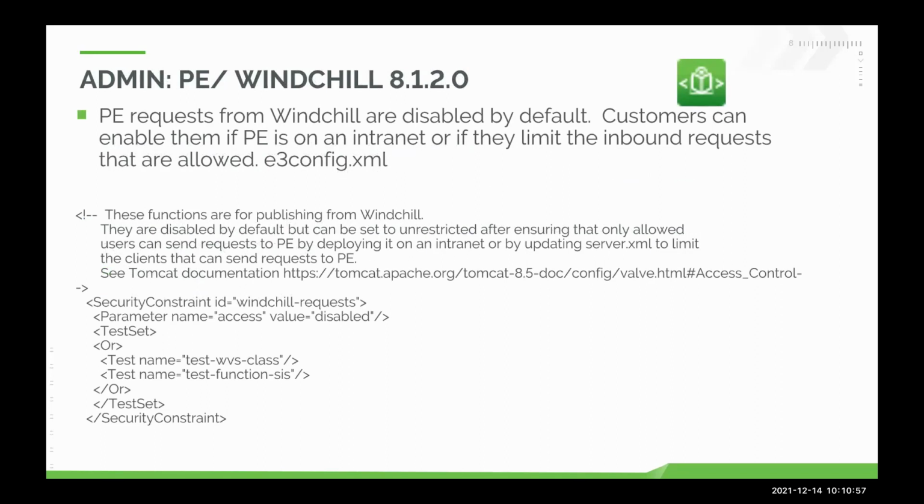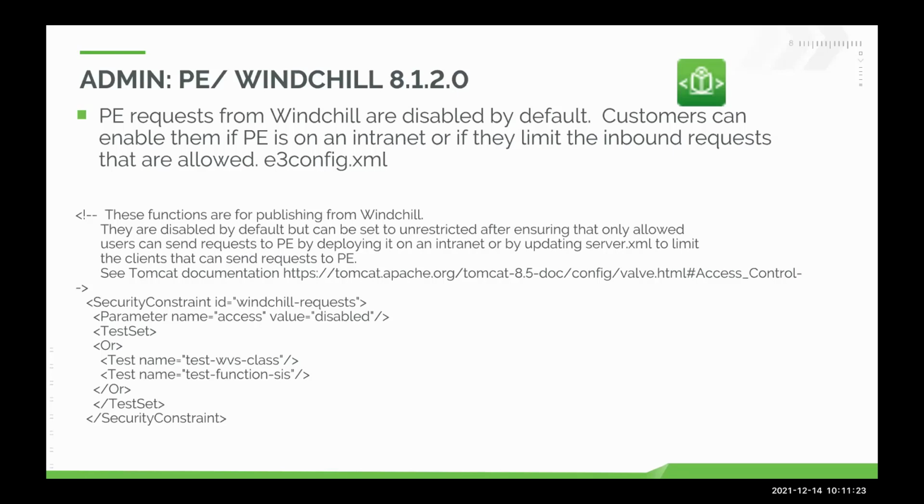One other change that we've made with regards to setup is that in your configuration file, your e3 config.xml file, and of course, that's also the file where you set up and configure your security framework. By default, we have set the WINDCHILL requests as disabled.